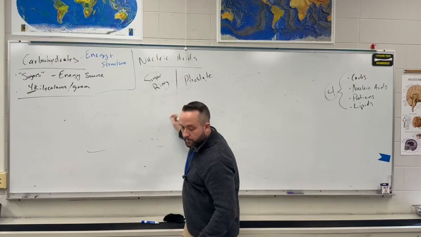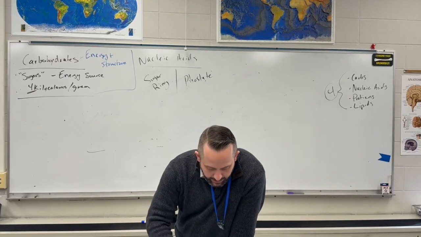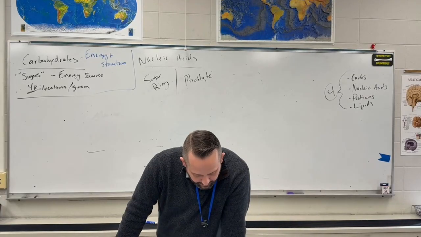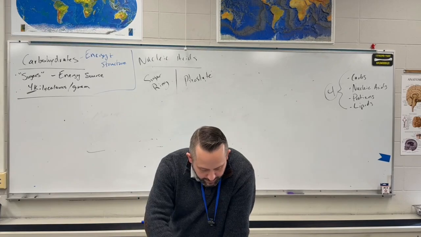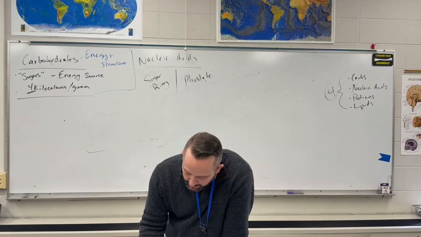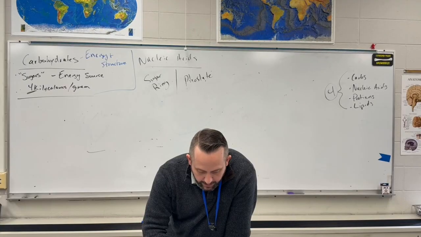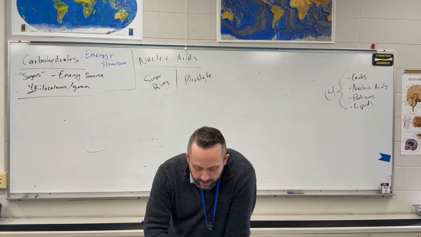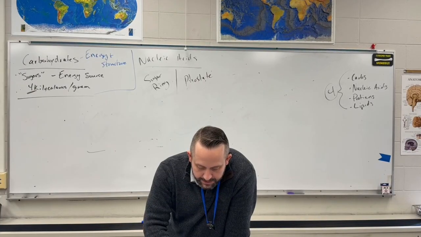And the backbone. Let's look here. On page 43 and 44, it says, DNA and RNA are made up of 3 elements, a 5-carbon sugar, organic nitrogenous base, and a phosphate group.